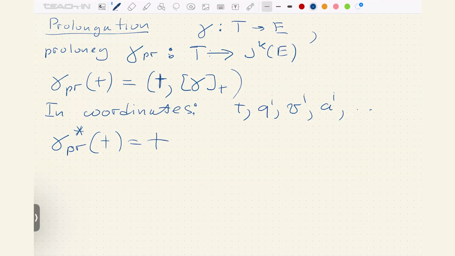It means that the t coordinate of an image of gamma has the same value. It's a definition of a section. It doesn't change a point of the base space.